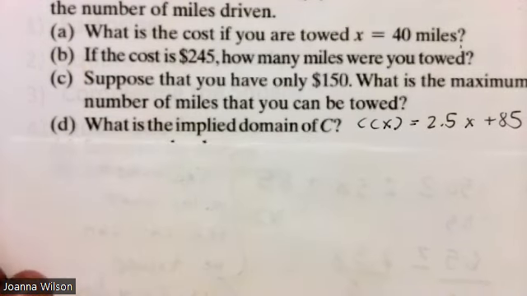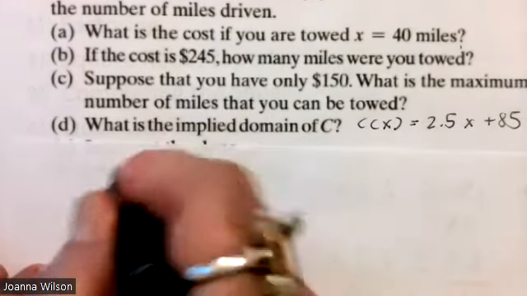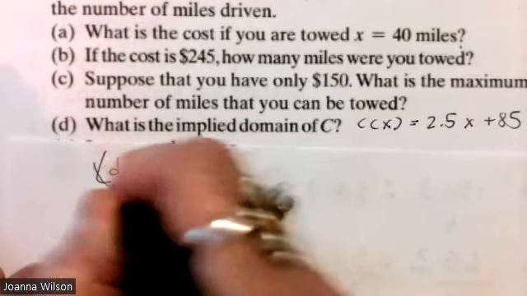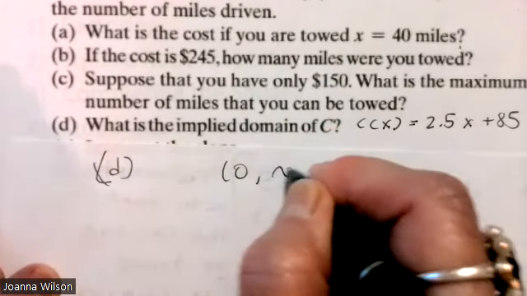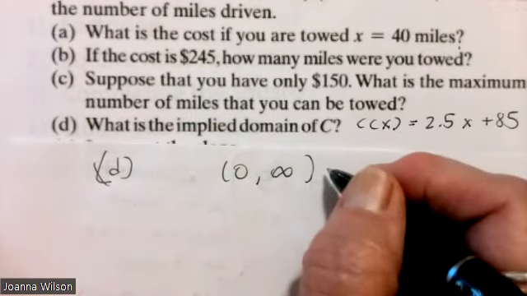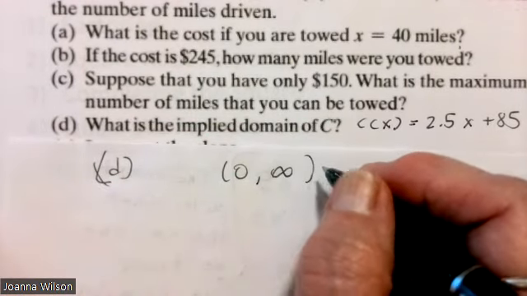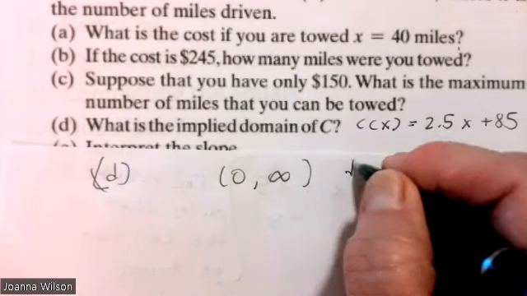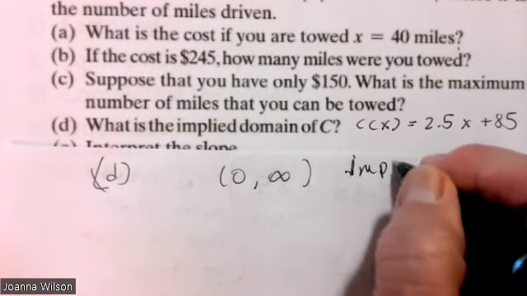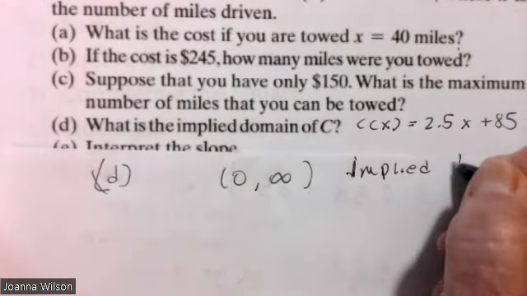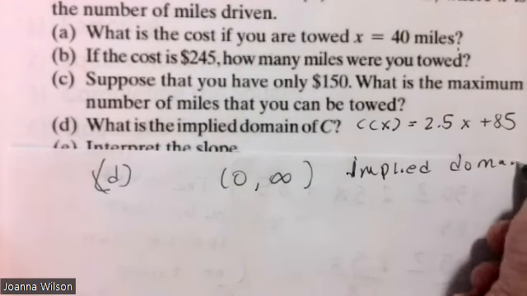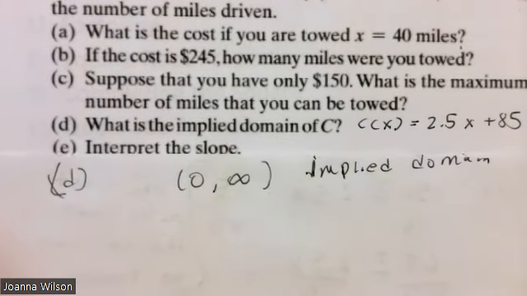So the implied domain would be from 0 to infinity. That's the implied domain, because it just wouldn't make sense for the number of miles to be negative.